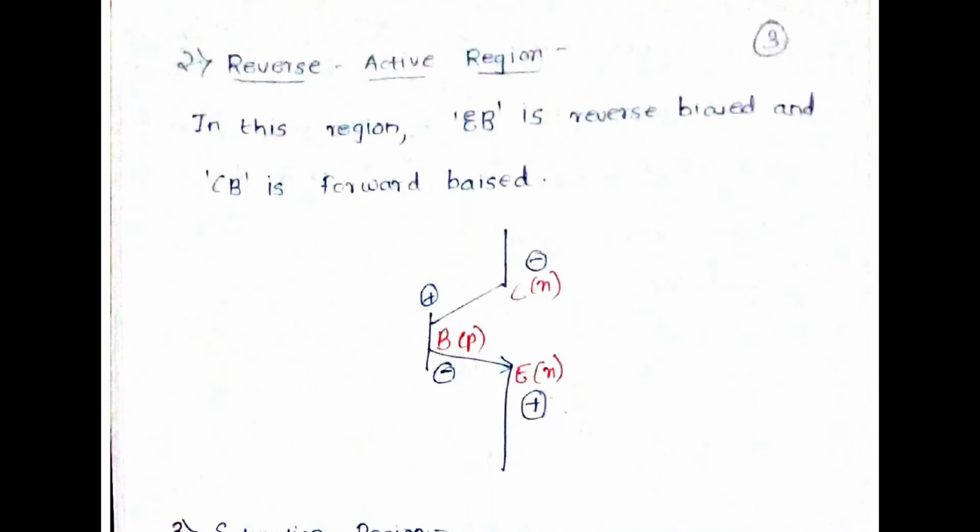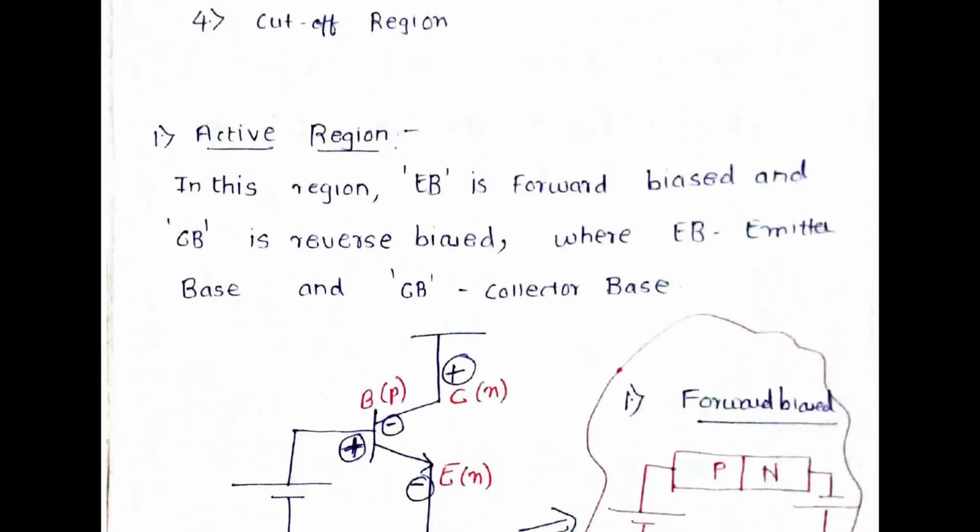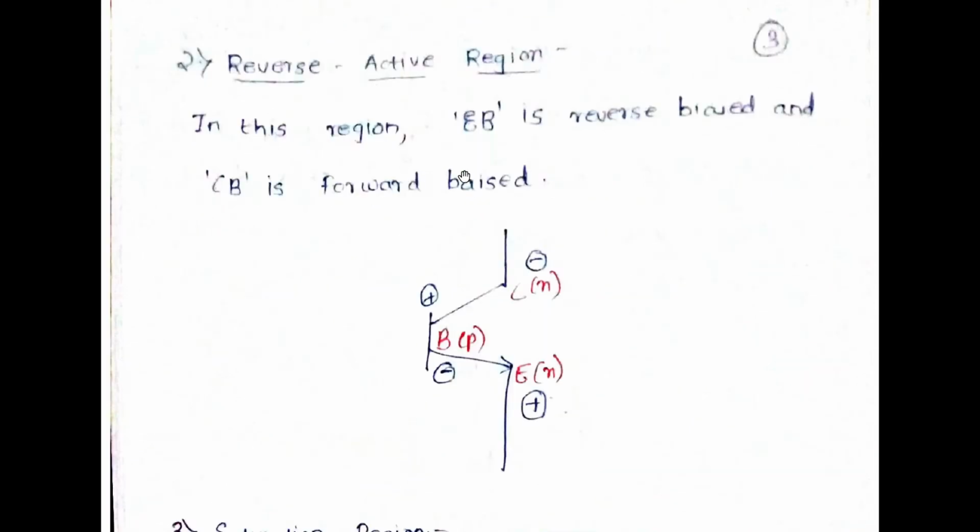The next topic that we have is the reverse active region. What is the reverse active region? It is the complete opposite of the active region. That is, my EB is reverse biased and CB is forward biased. When I say EB is reverse biased, it indicates that the E, being the negative part, is connected to a positive voltage, and B, being the positive part, is connected to a negative voltage.